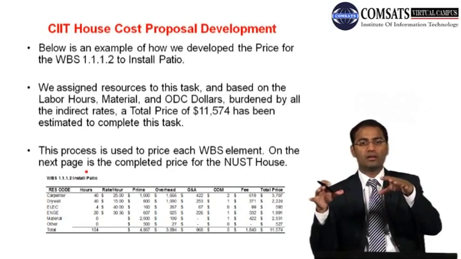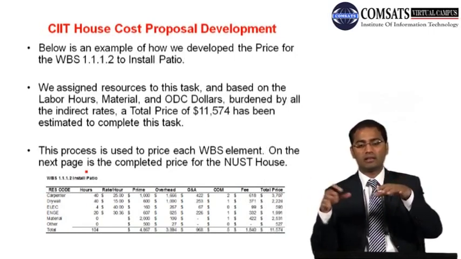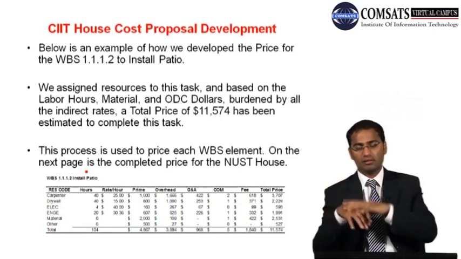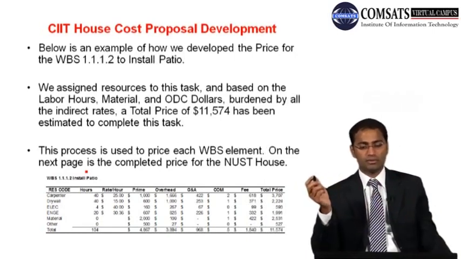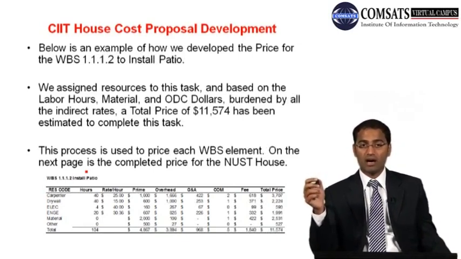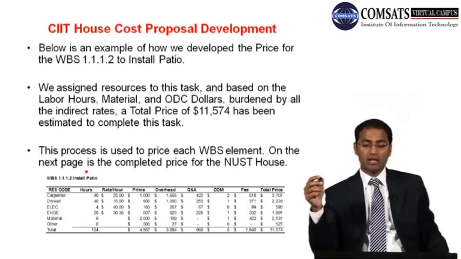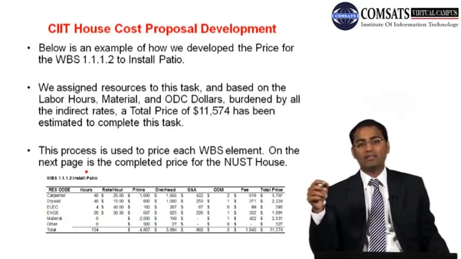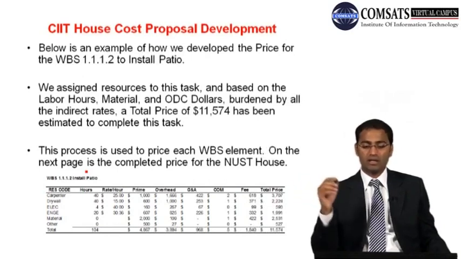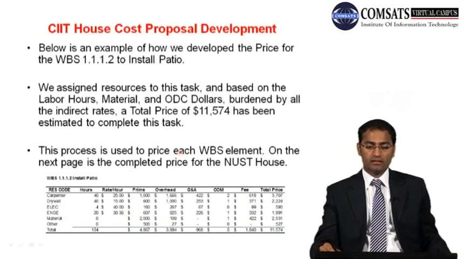Patio, you know, जिसे हम कहते हैं बरामदा या जिसके हम गाड़ी खड़ी करते हैं, और काफ़ी डिज़ाइन के और काफ़ी खूबसूरत पैटियो जो है वो इंस्टॉल किए जाते हैं. So we assigned resources to this task, and based on the labor hours, material, and ODC dollars burdened by all the indirect rates, a total price of $11,574 has been estimated to complete this task.